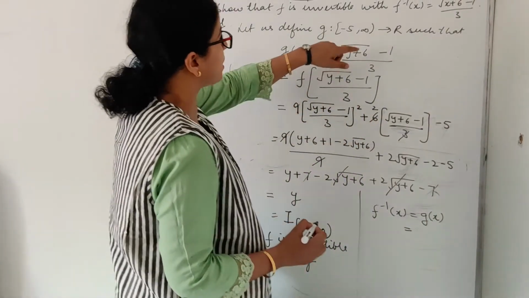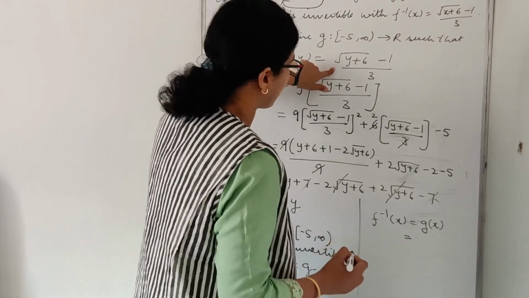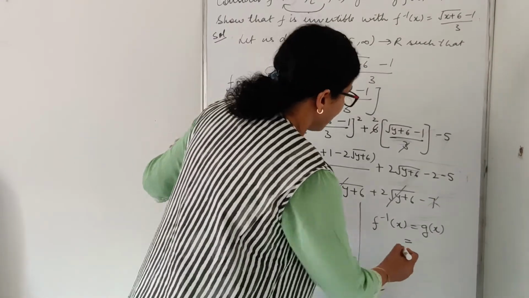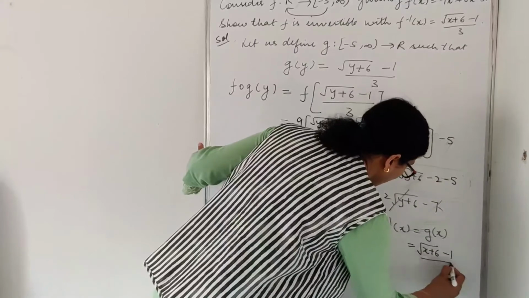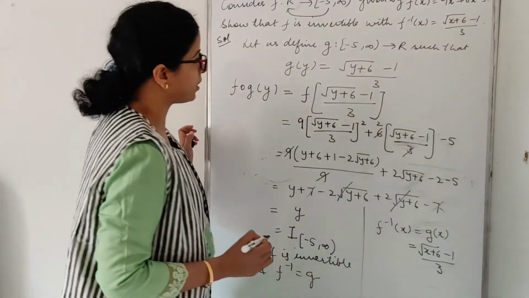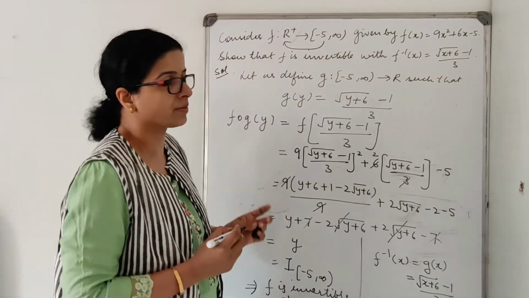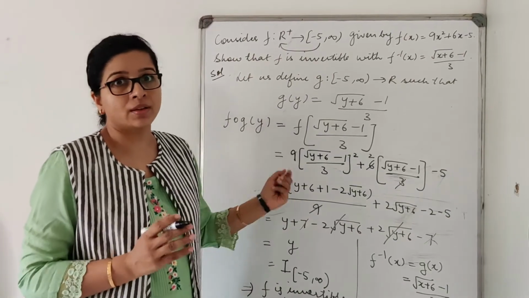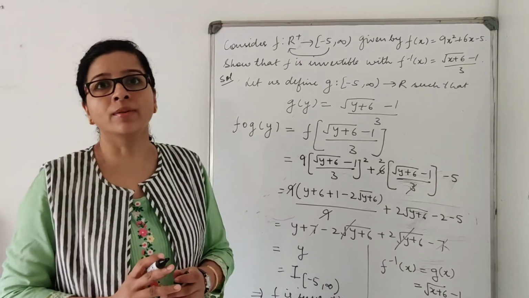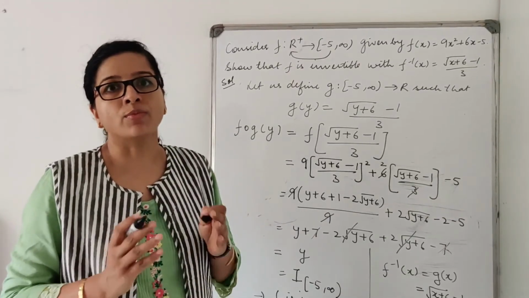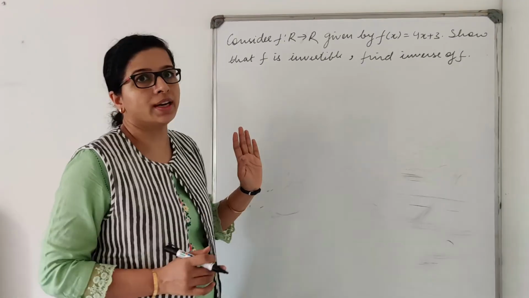So g(y) is this quantity. If I want to find g(x), replace y with x. So (√(x+6) − 1)/3 will be your inverse for this function. This is the method which you can use very comfortably for finding the inverse of a function and proving the bijection.